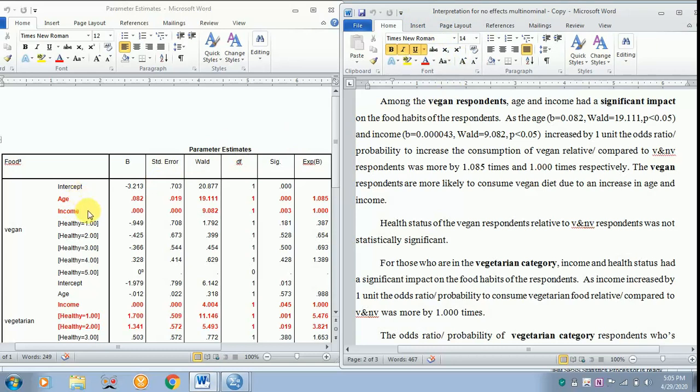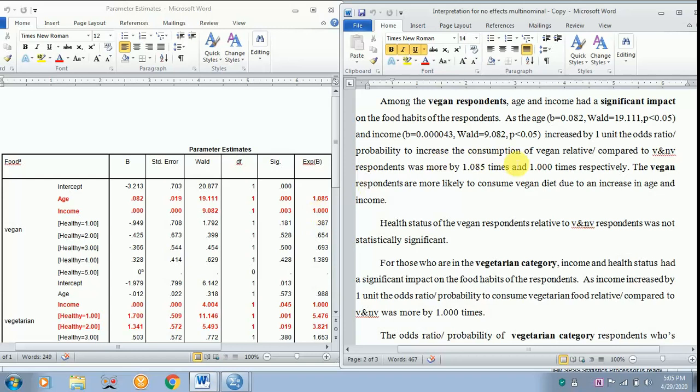As age and income increases by 1 unit, the odds ratio or probability, any one word can be used, to increase the consumption of vegan diet, relative to or compared to the base, your base reference being the vegetarian and non-vegetarian respondents, was more by 1.085 times and 1 times respectively. That is, for age it is 1.085 times and for income it is 1.